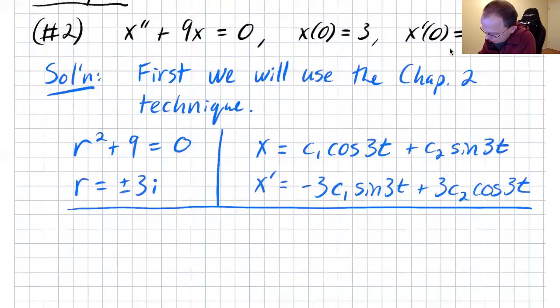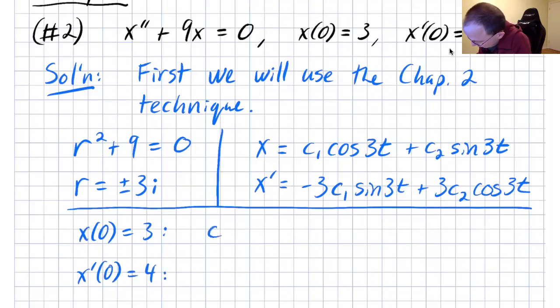Okay, so x of 0 equals 3 and x prime of 0 equals 4. So we have c1 times 1 plus c2 times 0 is equal to 3. And we have minus 3c1 times 0 and then plus 3c2 times 1.